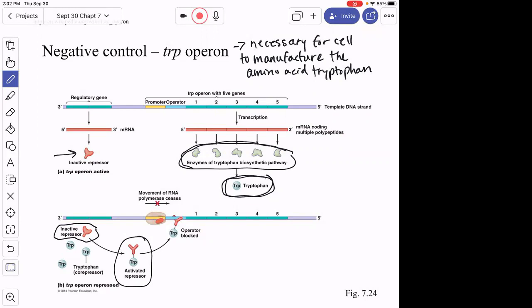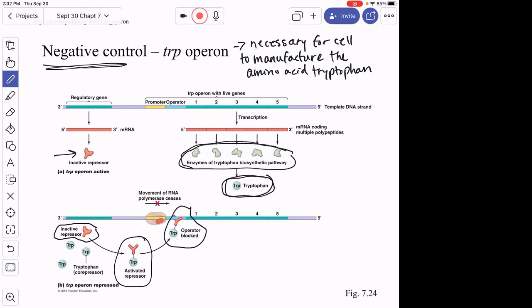Now it binds to the operator region here and transcription gets blocked. So if there's lots of tryptophan around, we activate the repressor and the cell doesn't need to make any more, so it stops. Again, we consider it negative control because it involves a repressor.